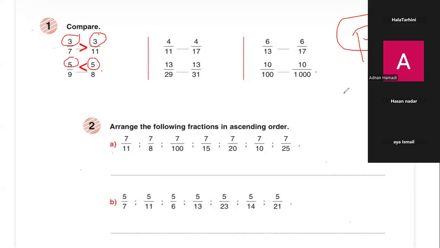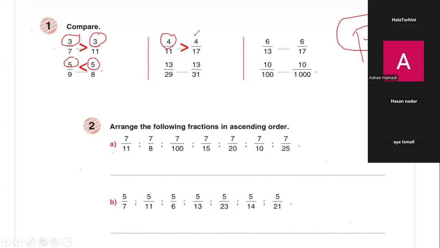Yalla Adnan. Adnan. Yes. 4/11 or 4/17, which is bigger? 4/11. Why? Do you know why? Because 17 is bigger than 11, 11 is smaller than 17.